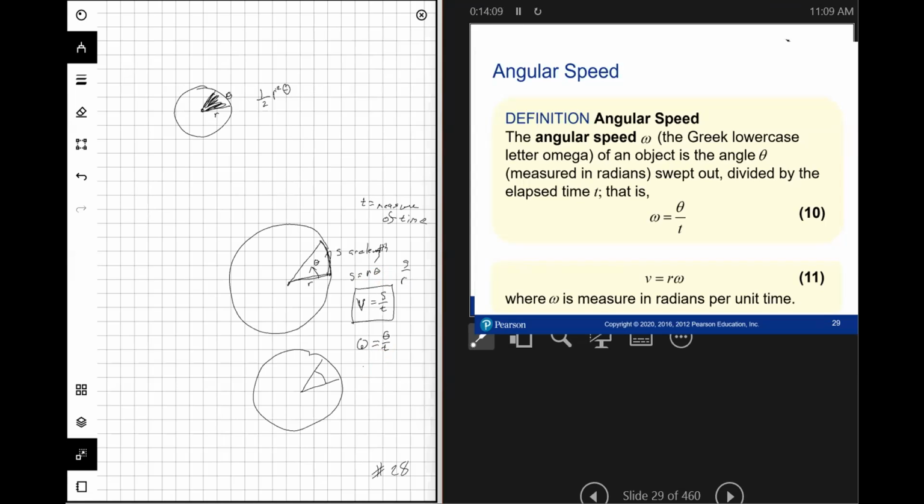So omega can equal s over r being divided by t.